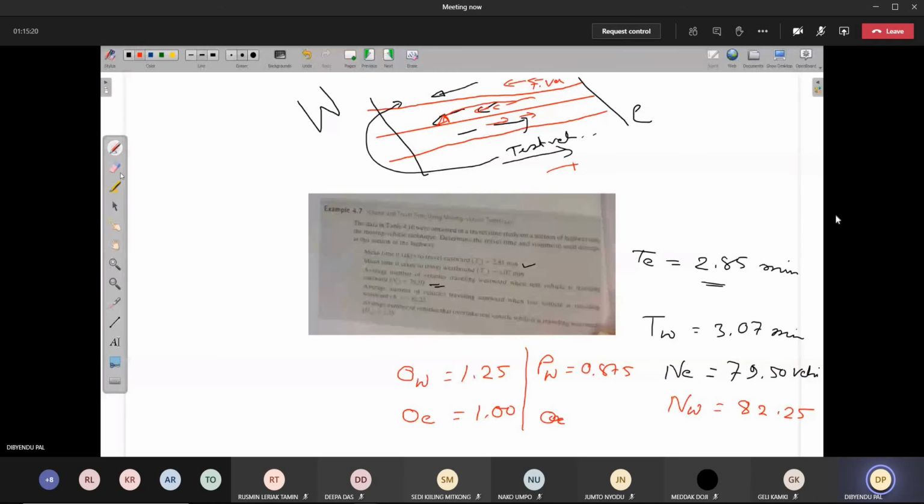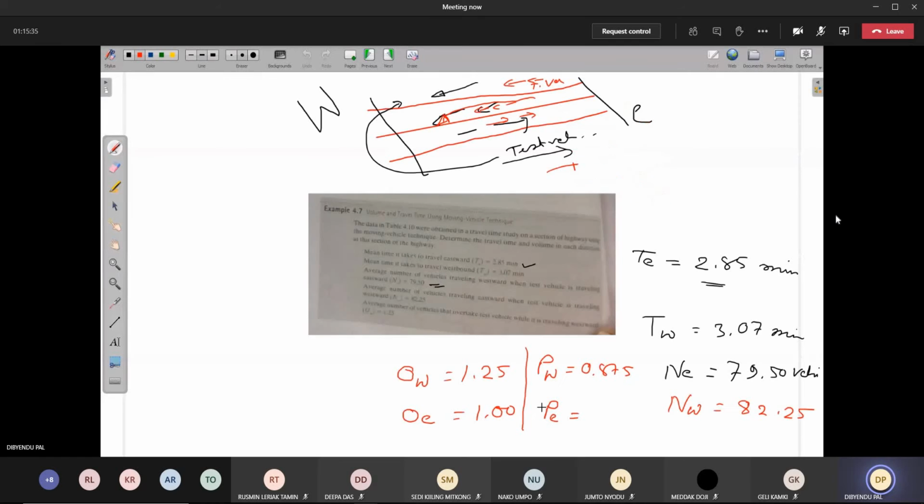PE means the number of vehicles overtaken by the test vehicle when it is running in the east direction, the average number of vehicles that the test vehicle passes while traveling eastward. That is given as 1.5. Okay, so all the data are given.